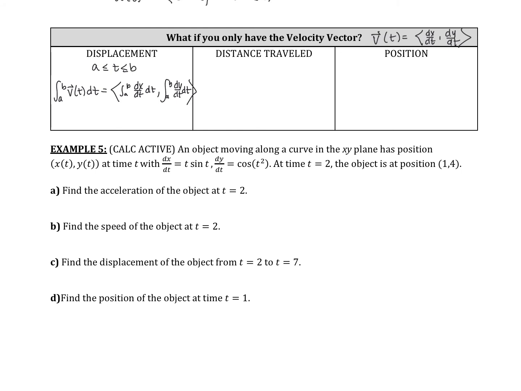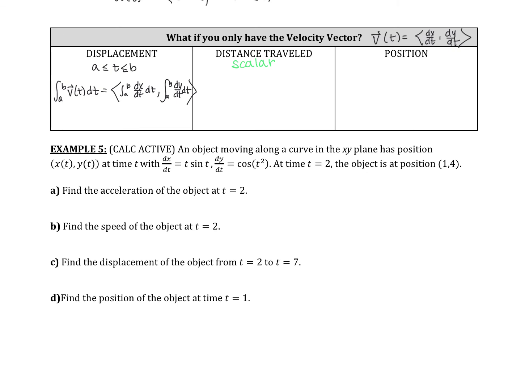Now, the distance traveled. Is that going to be a vector or is that going to be a scalar? Well, it's going to be a scalar because when we talk about distance traveled, we give an exact value or an approximation, but we give a value. We don't have a vector, we have a value. So this too is a scalar. We talked about speed being a scalar, so is distance traveled.